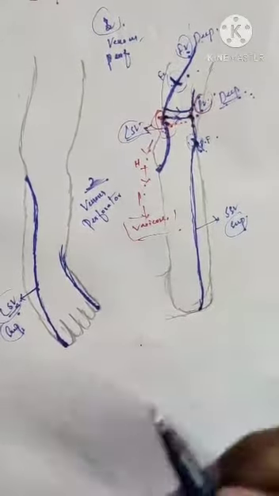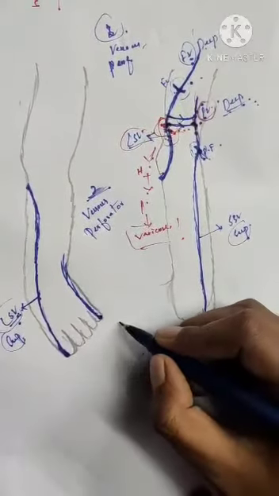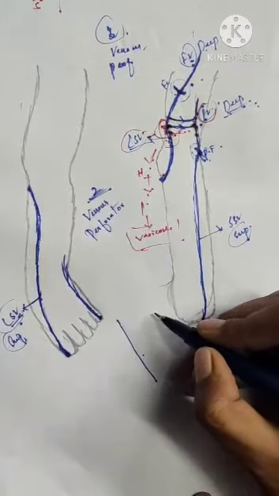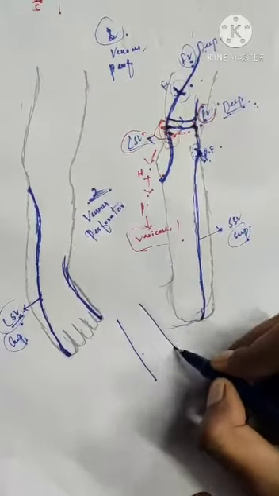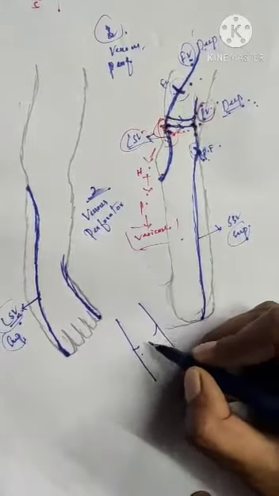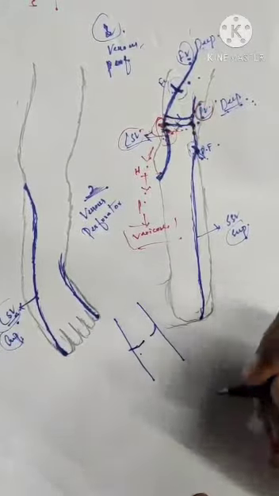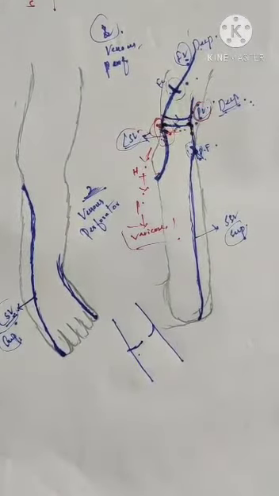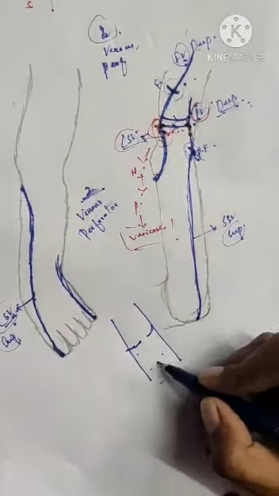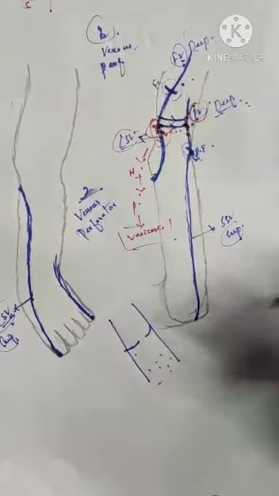Now let us see how venous incompetence leads to varicose veins. Let us assume this is a vein. These are the two walls which are associated with the veins. And this is the blood flow from the greater toe. Let us assume it is a long saphenous vein.